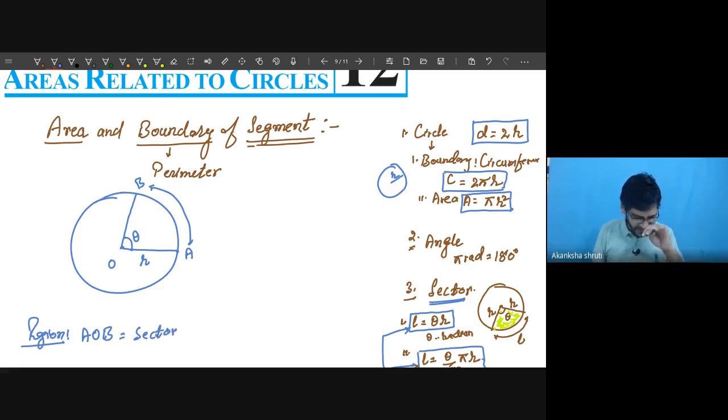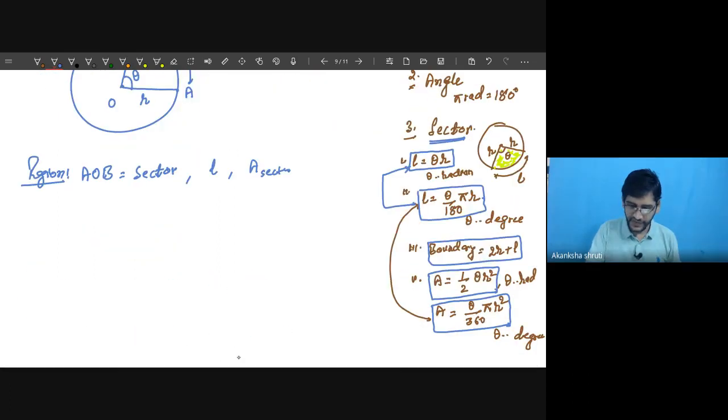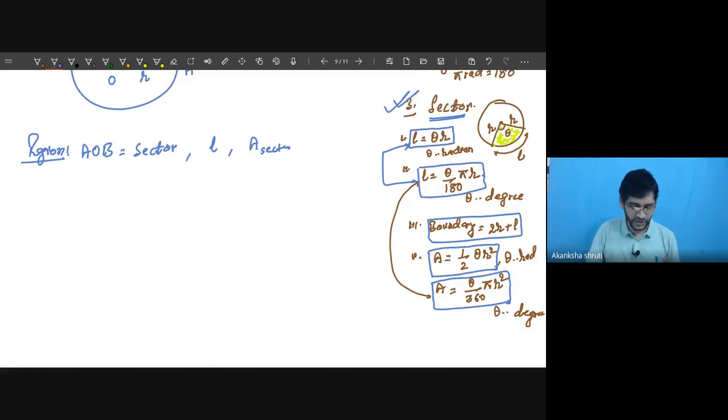For this sector we had the formula for calculating this arc length as well as the area of this sector. These two things are written here, and we have listed the formulas on the right corner.